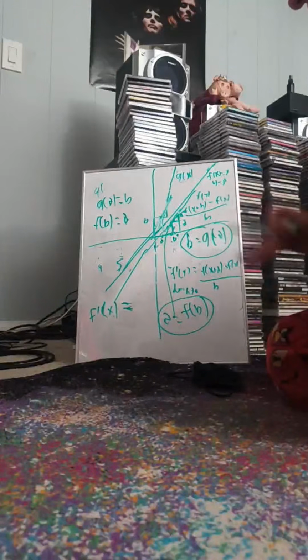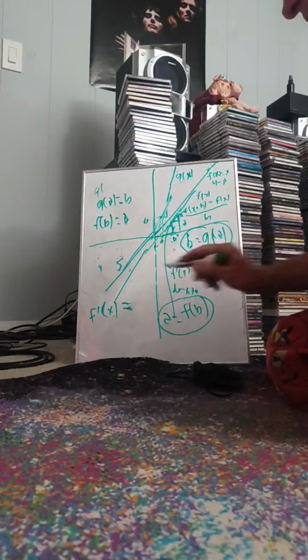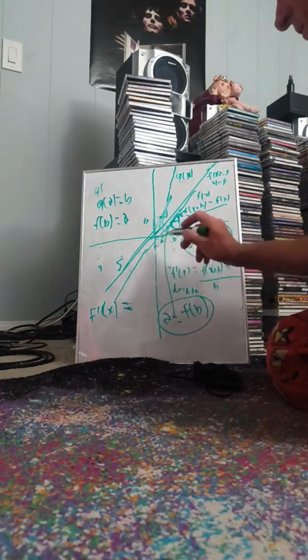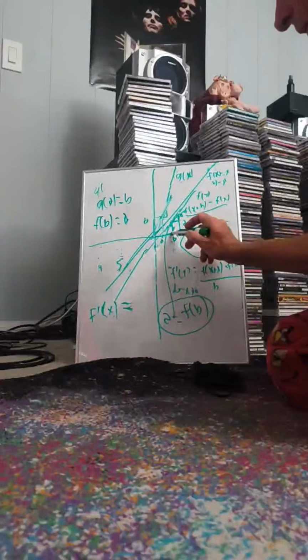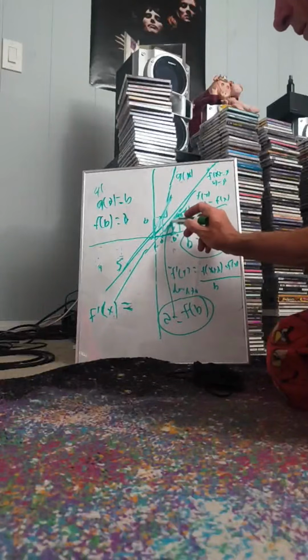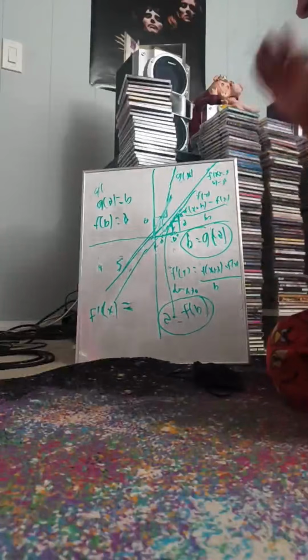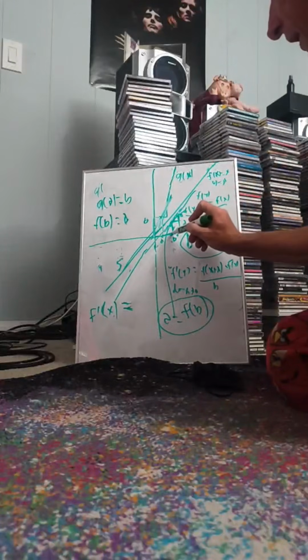Therefore, inverse means 1 over. So that means that the derivative of f of x, right here, yeah, I get it.